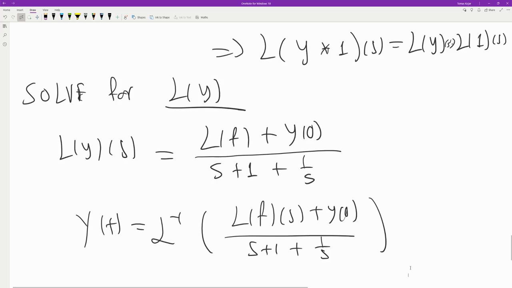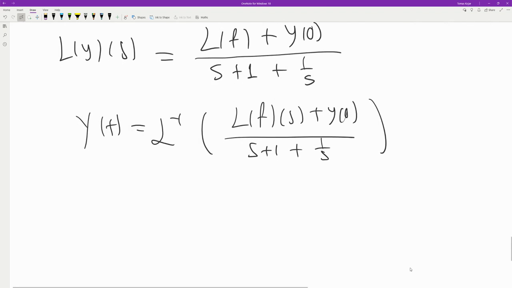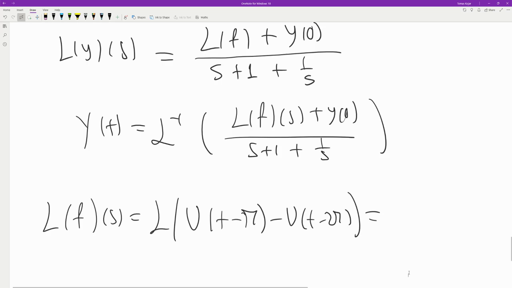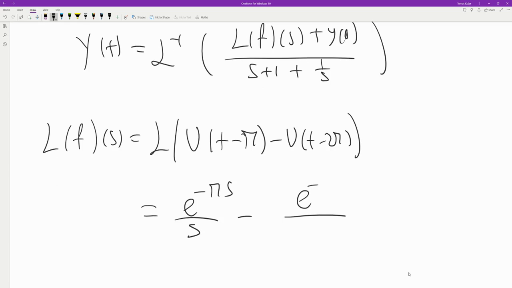All right, I should say a little bit more. So L of the step functions. We did this in the previous clip, the shift, the translation theorems, second translation theorem. This is nothing else but e to the minus pi s over s, e to the minus 2 pi s over s.